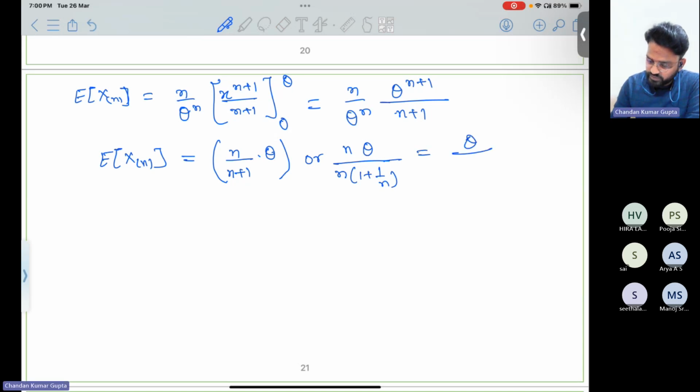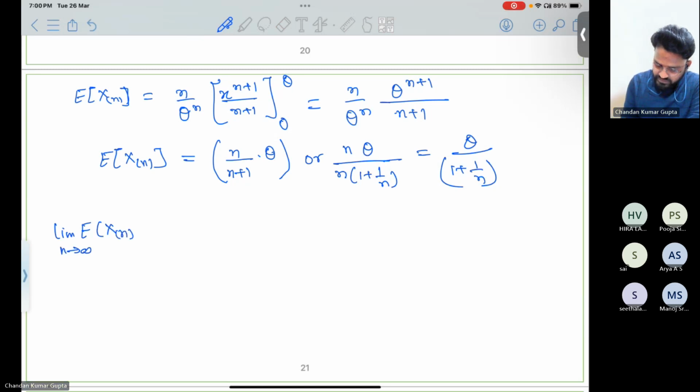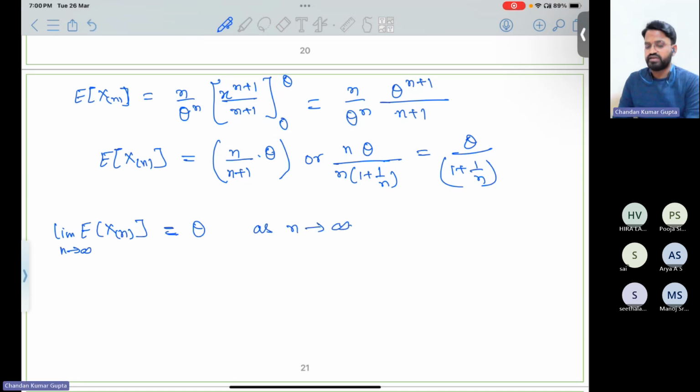That is theta upon 1 plus 1 by n. We can write it like this. So the limit as n tends to infinity of the expected value of Xn comes out to be theta. That is, the first property of consistency is proved, or it holds.